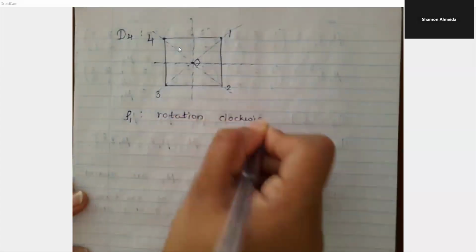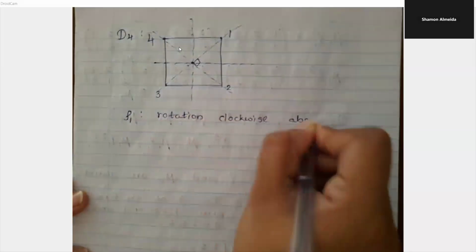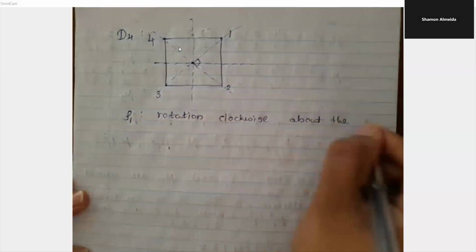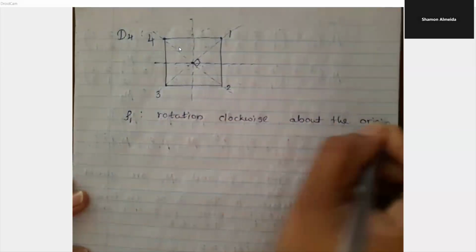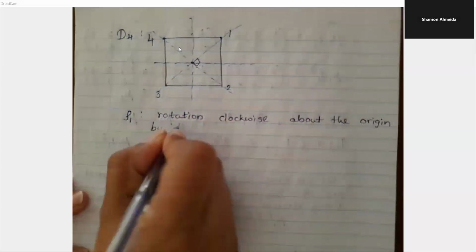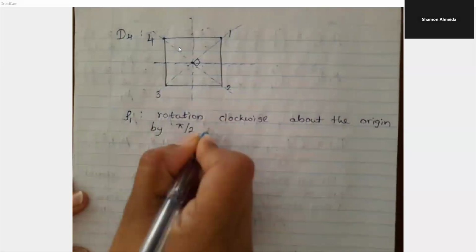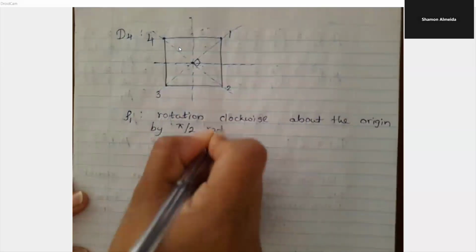We will take rho 1 to be the rotation clockwise about the origin by pi over 2 radians, I'll put.